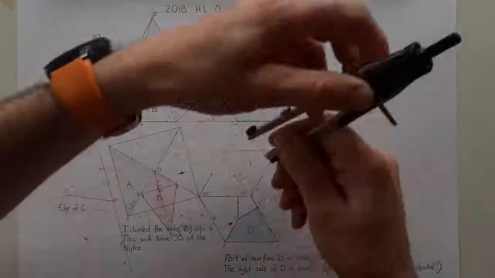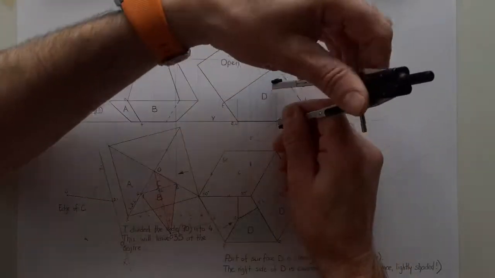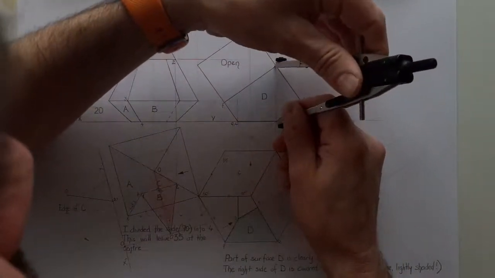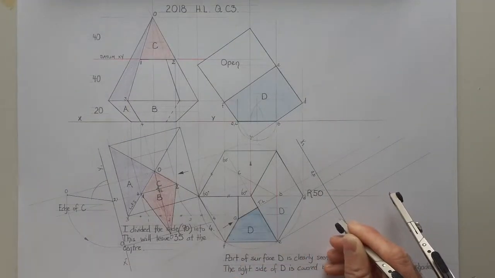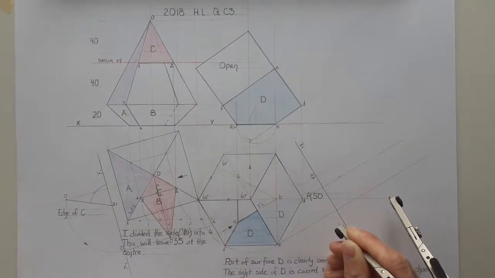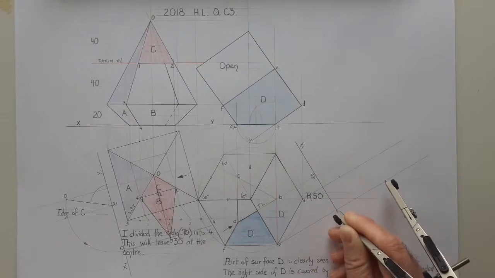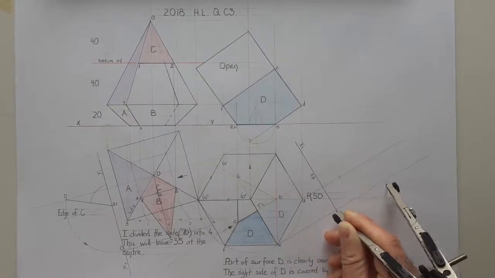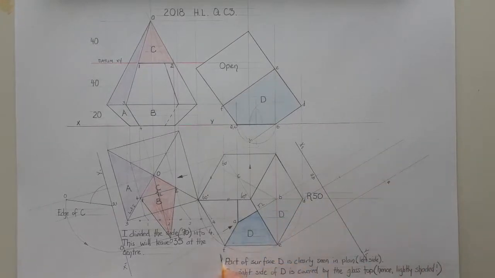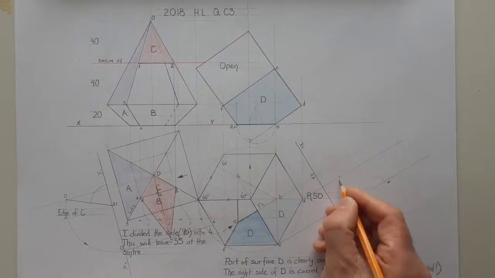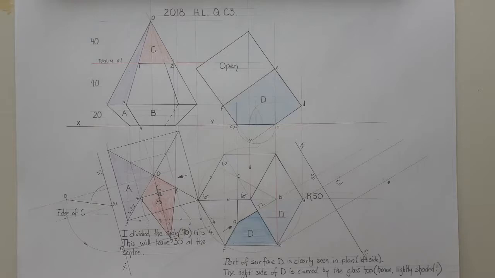Okay, and finally point E is at that height. So I'm doing this quite fast. Point E is there. So that is E. And as I look at this, F is first and D is second.